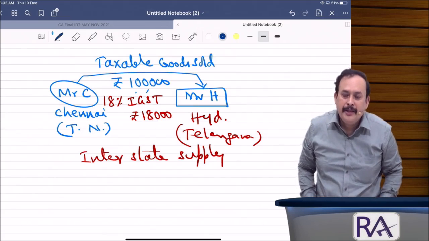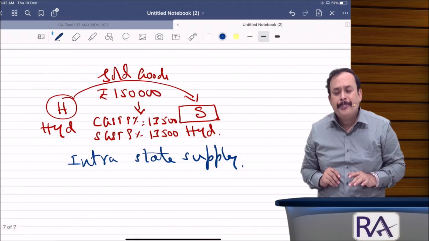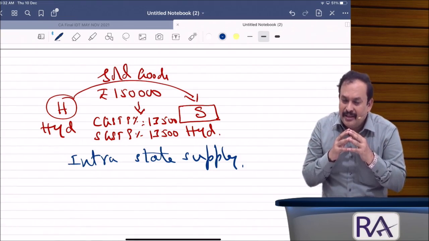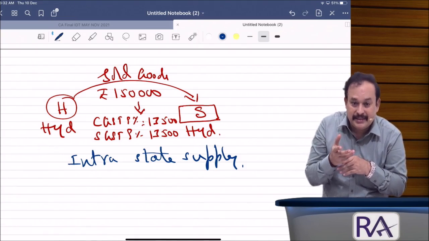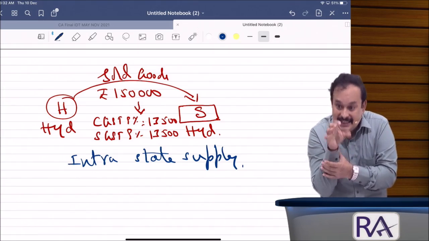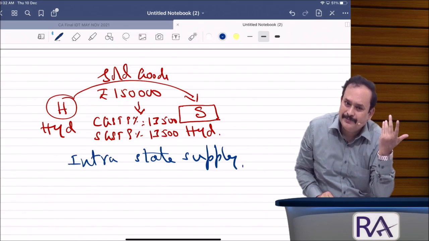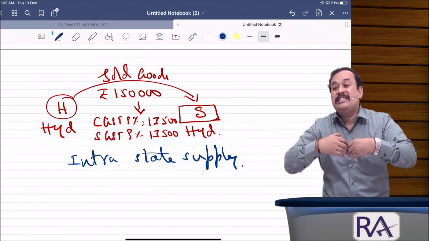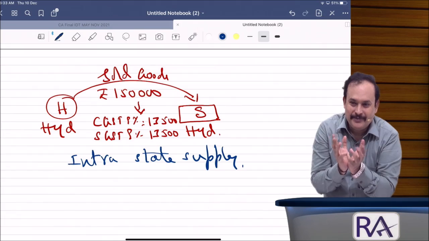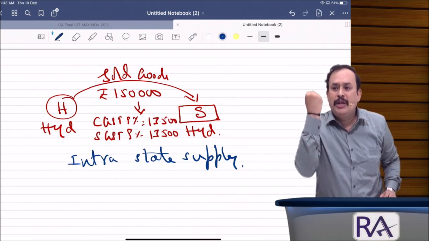My dear sir, in the given case of intrastate sale, seller from Telangana state, buyer also Telangana state, the state government is empowered to levy SGST, and correspondingly the same amount of CGST by the central government. Because the transaction took place within the boundaries, within the territory of a state, the state government is empowered to levy tax.